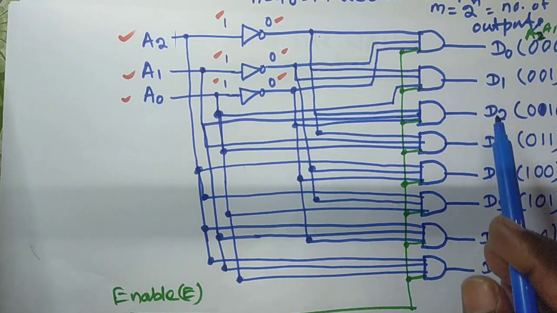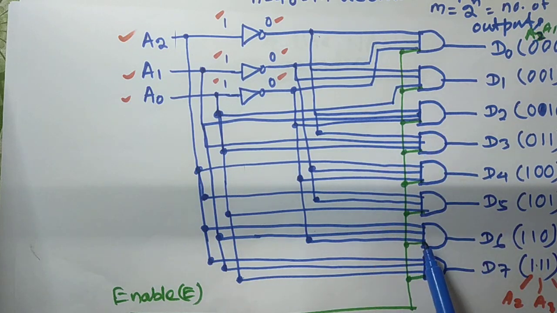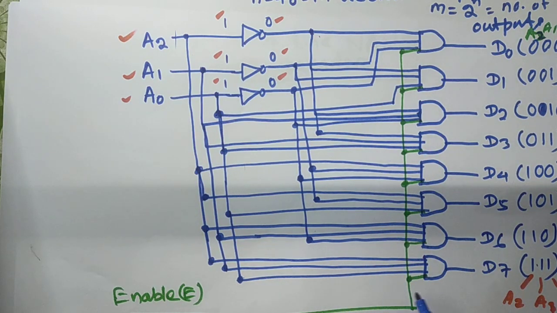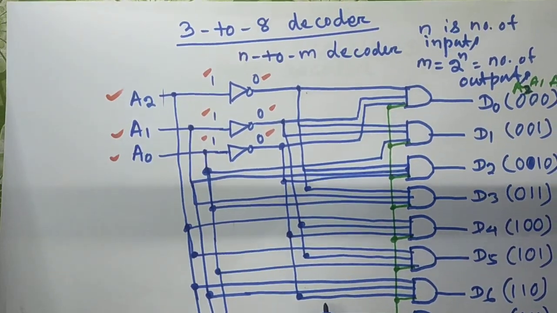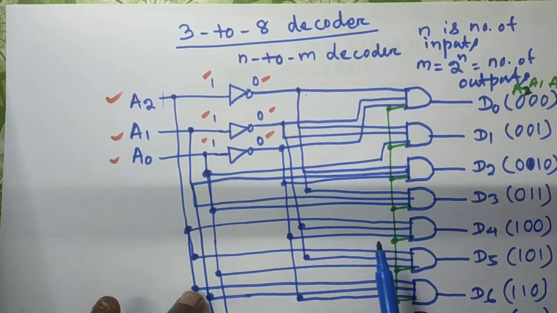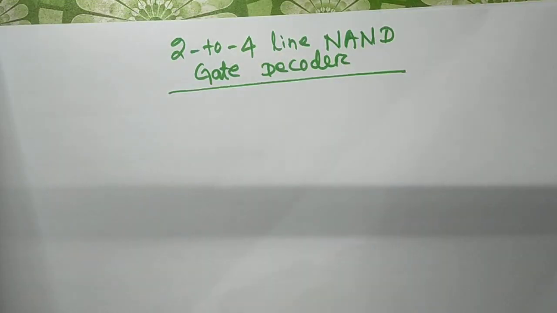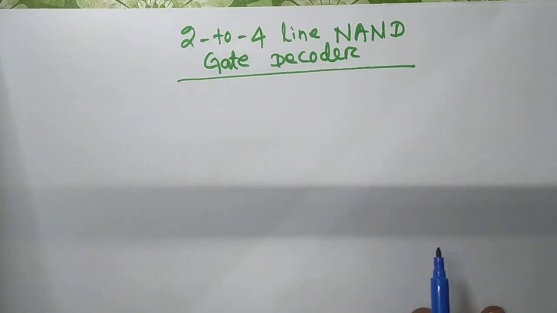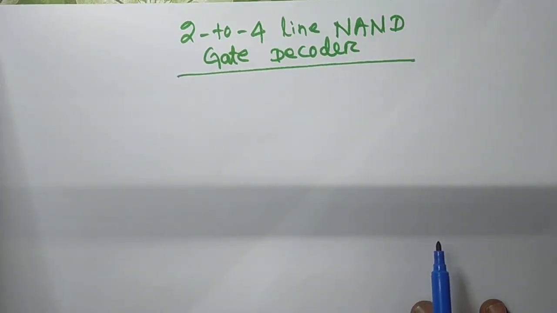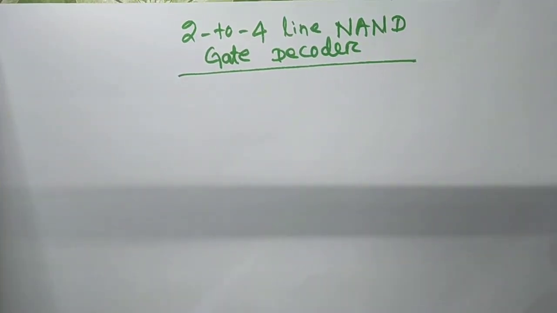Please just consider this one additional enable connection, so it will complete the 3 to 8 decoder. Previously we discussed two decoders, the 2 to 4 decoder and the 3 to 8 decoder.